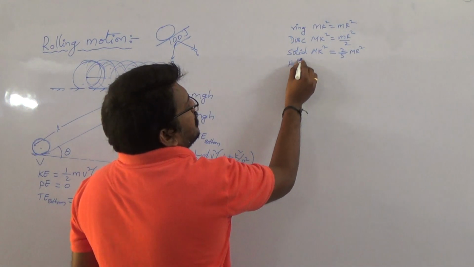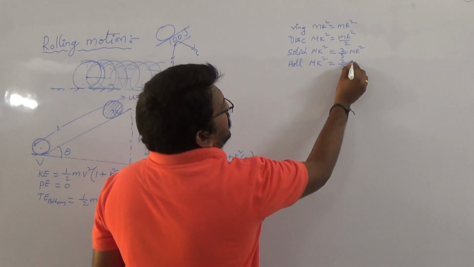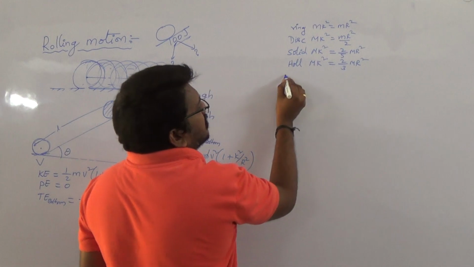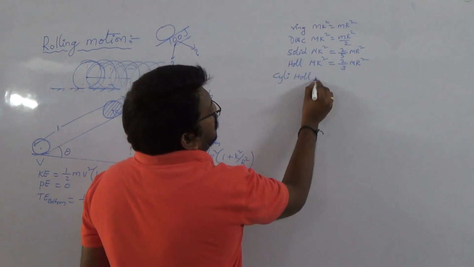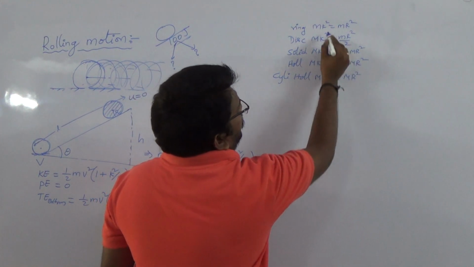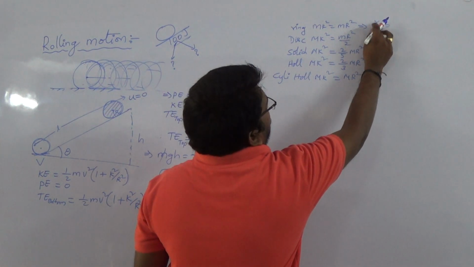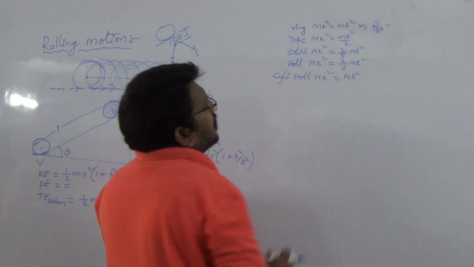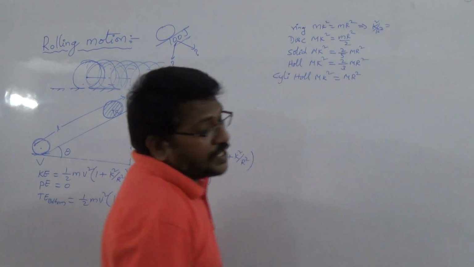Hollow sphere: mk square is equal to 2 by 3 mr square. In the case of a hollow cylinder, mk square is equal to mr square. So from this you get the value of k square by r square for each body: 1 for the ring, 1 by 2 for the disk, and so on.